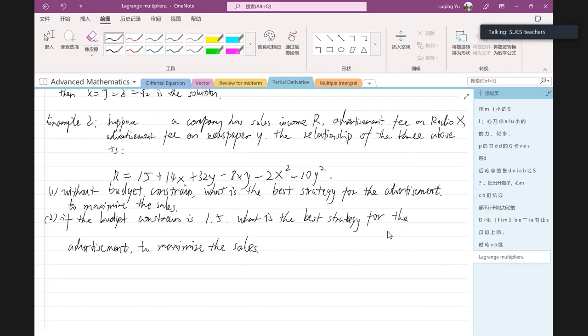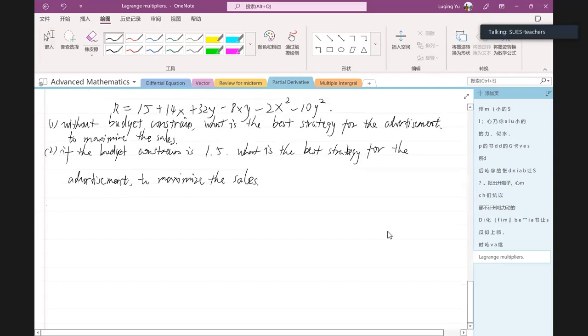For all these kinds of questions, if you feel what the question wants you to do, just keep in mind that you have a relationship, so here R is equal to f(x,y).